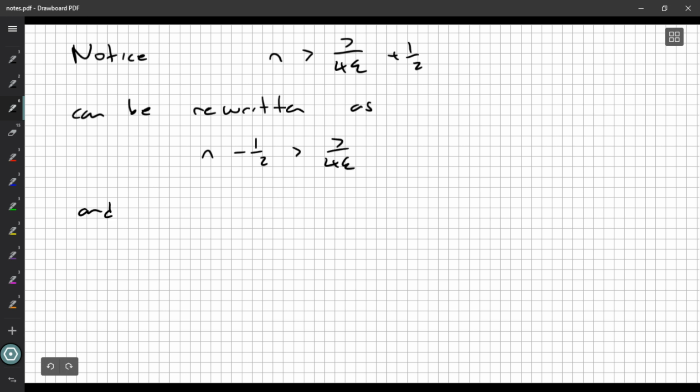Okay. Notice that n being greater than 7 over 4 epsilon plus 1/2 can be rewritten as n minus 1/2 greater than 7 over 4 epsilon, and then multiply everything by 4. But as we just noted, absolute value of 4n minus 2 is just 4n minus 2.